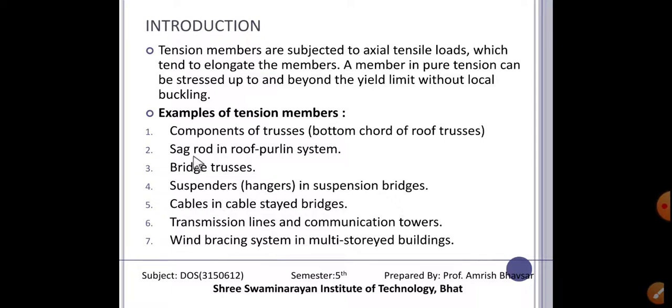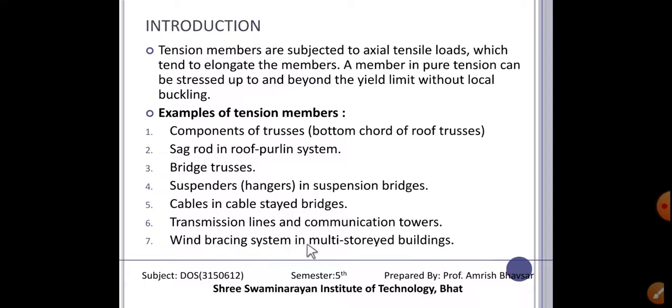Bridge trusses, suspenders, cables, stayed bridge that we have seen lots of times. Cable stayed bridge, transmission line tower, right? You have seen the transmission tower line, that is standing in our garden, SSIT, right? Good. Now communication tower, that is Vodafone tower and all those things.